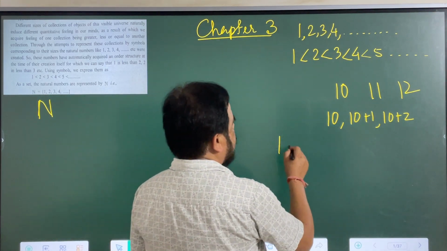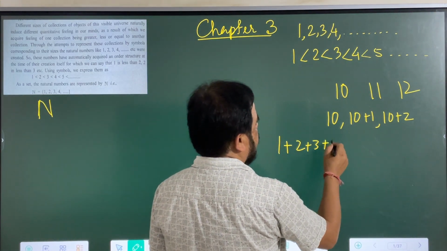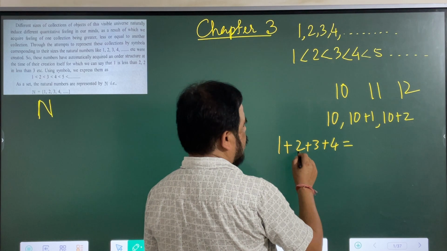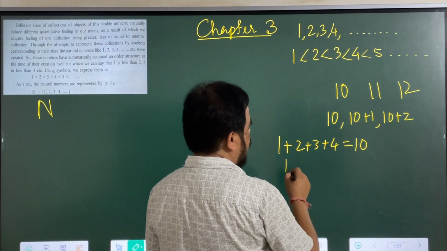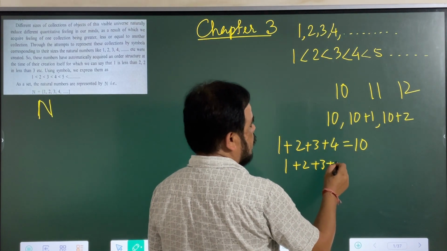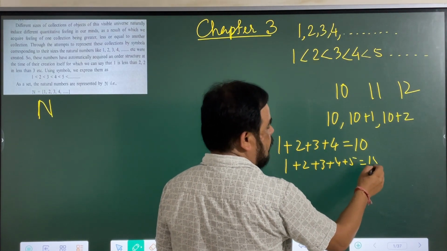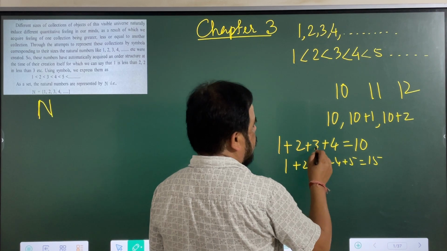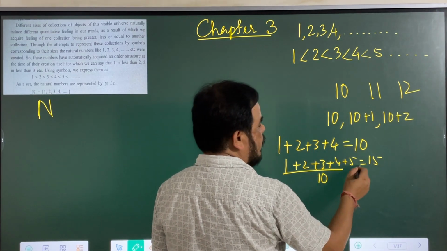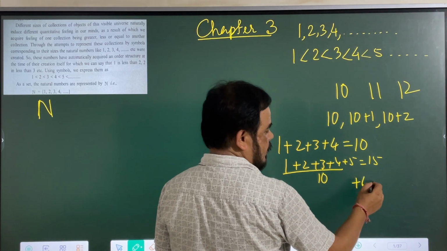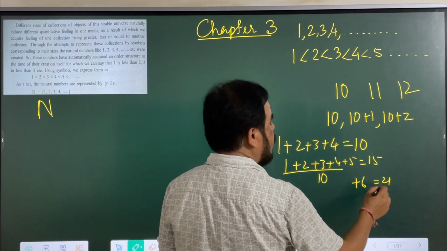Suppose 1 plus 2 plus 3 plus 4: 1 plus 2 is 3, 3 plus 3 is 6, 6 plus 4 is 10. Then 1 plus 2 plus 3 plus 4 plus 5: till here it is 10, then 10 plus 5 is 15. Then it is 6, so 15 plus 6 is 21. So it goes on like that.